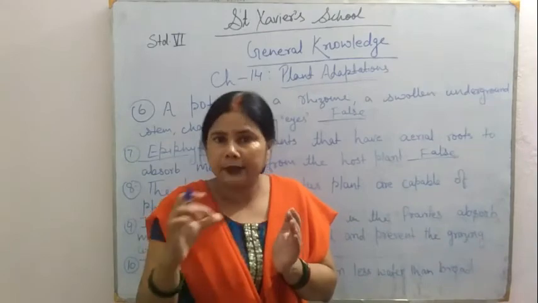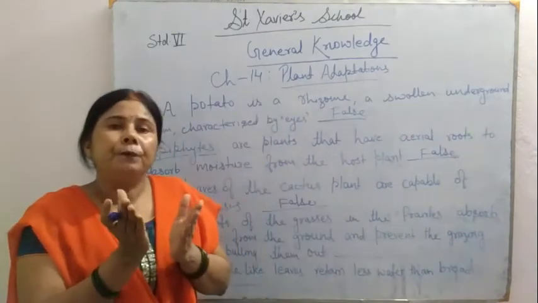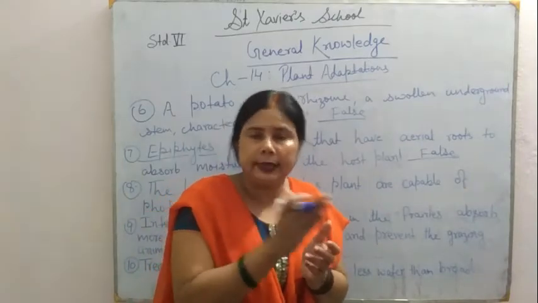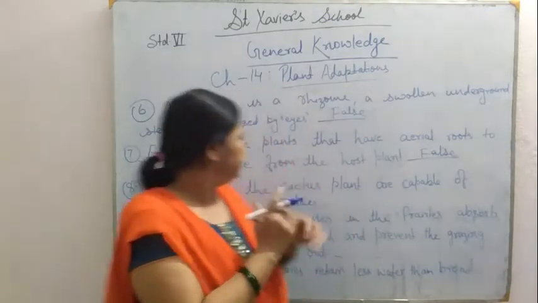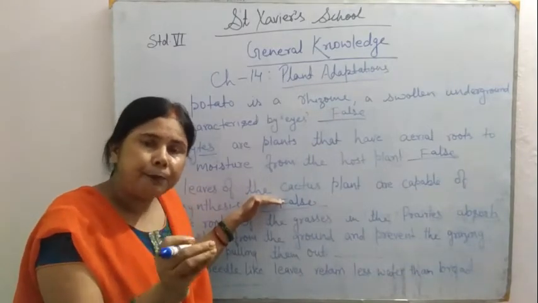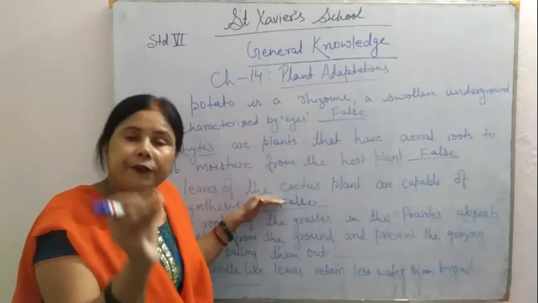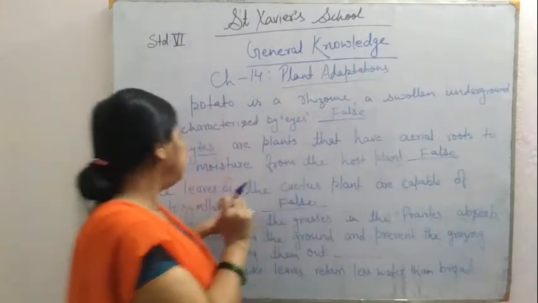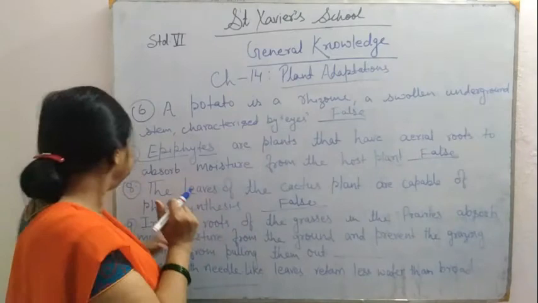So a question arises, where does photosynthesis take place in such plants? Photosynthesis takes place in the green fleshy stem of cactus plant. So this is a wrong statement.